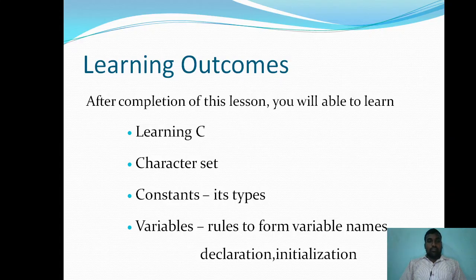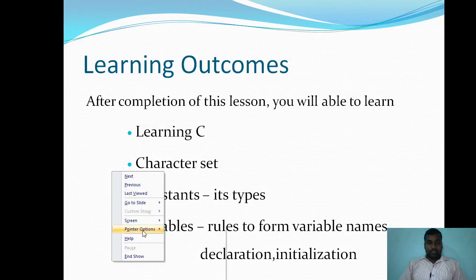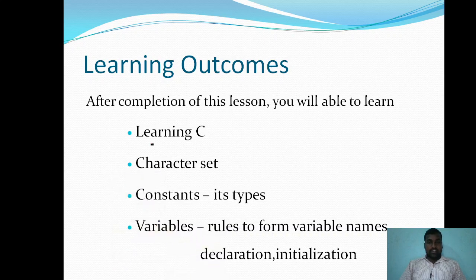Now, the learning outcomes of today's session: after completion of this session, a student will be able to know how to learn C Programming, and the different kinds of character sets available in C Programming. Then we are going to learn what constants are and the different types of constants supported by the C programming language.